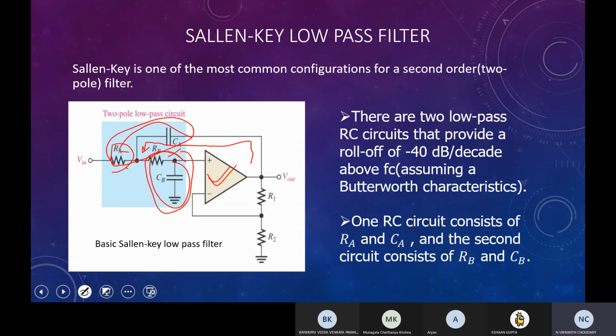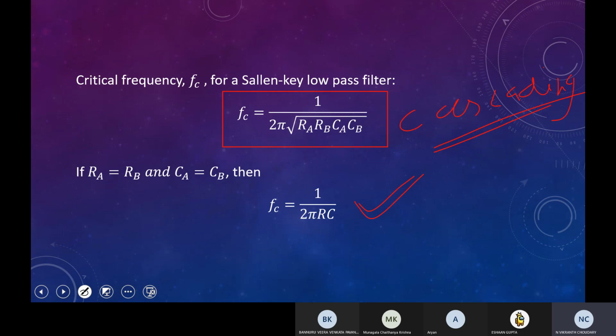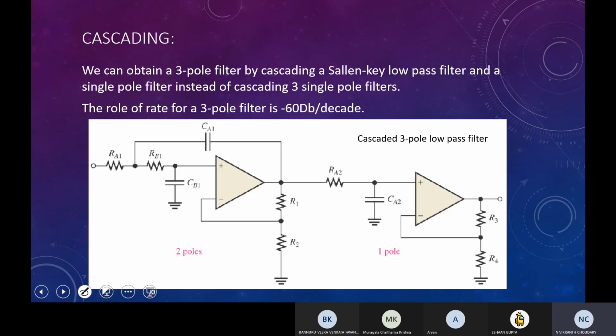While designing a filter, you don't want many complications in calculating the cutoff frequencies, so we generally take all resistor values equal and all capacitor values equal across all the RC circuits in the filter, to reduce calculations and complications. It would then be just like a simple low pass filter, 1 by 2 pi RC.